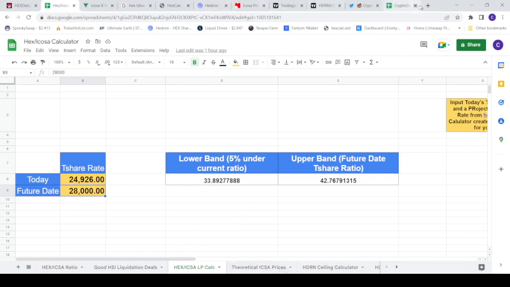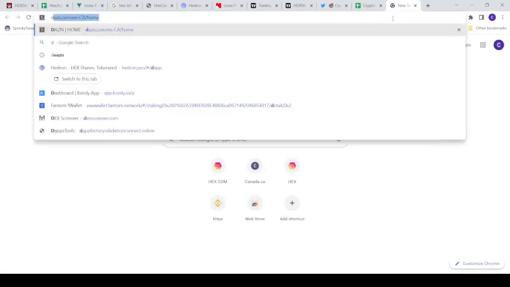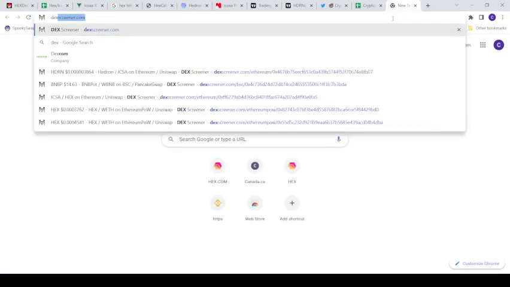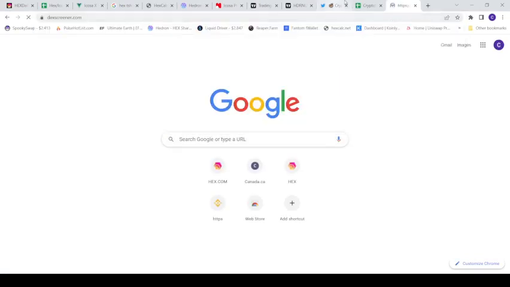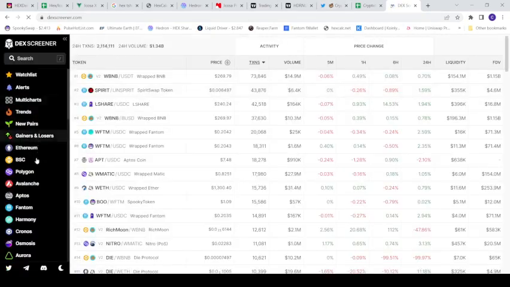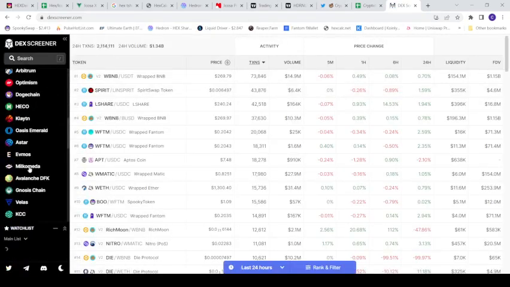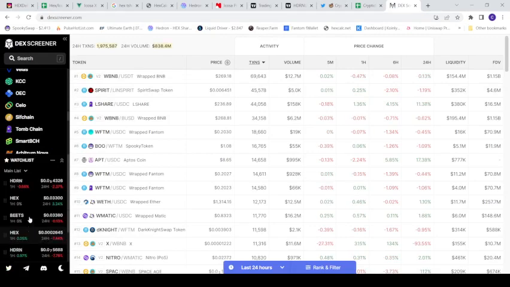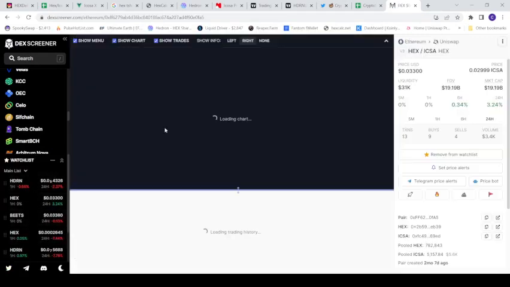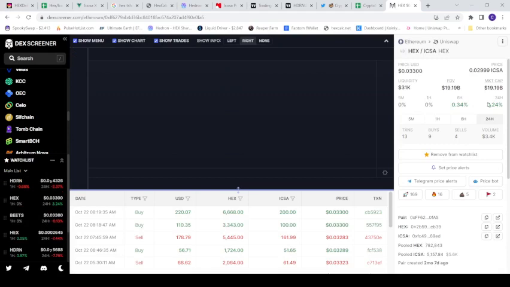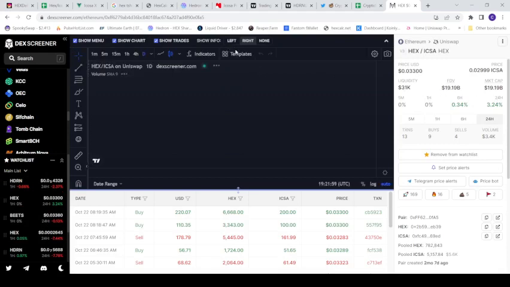There's only, I think, like 30K of liquidity right now in that pair. Here, I will pull it up. So yeah, there's only like 31K in liquidity.